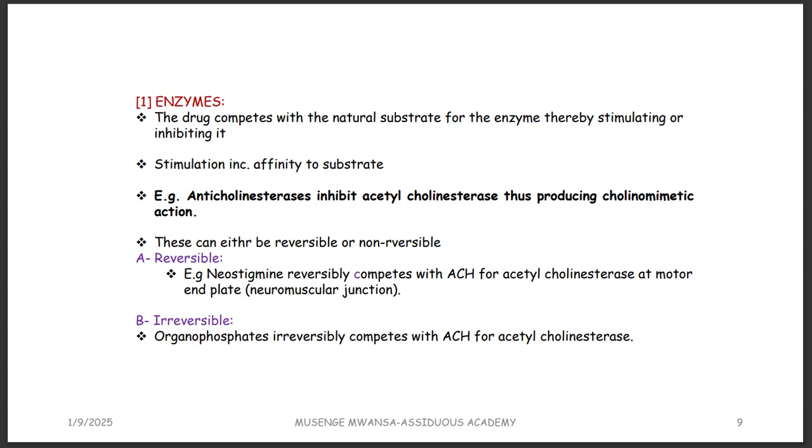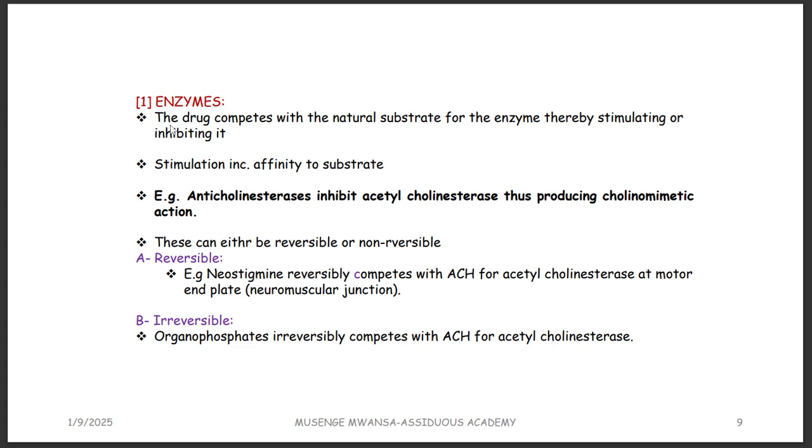Now, anticholinesterase, if I say anticholinesterase, it's the same as me saying cholinesterase inhibitor. Anti and inhibitor is the same term, isn't it? So if the anticholinesterase binds to the receptor, it means that the acetylcholinesterase will not be able to bind, and so acetylcholine is going to increase.